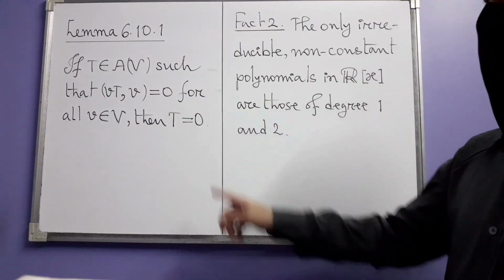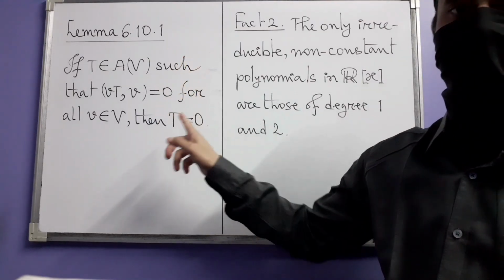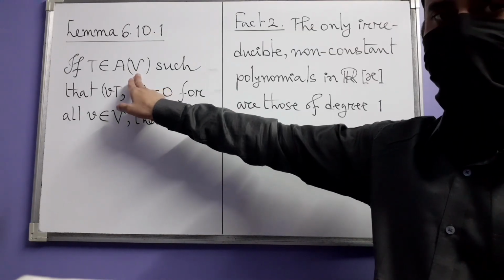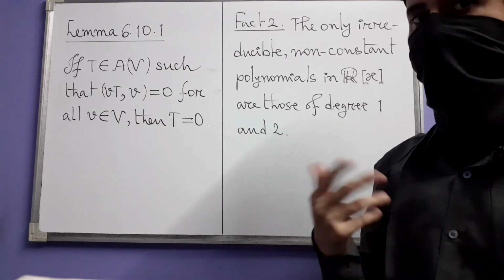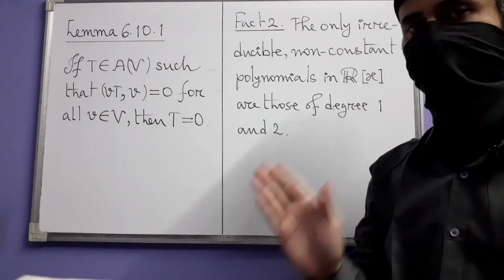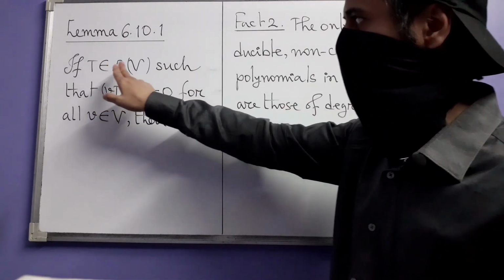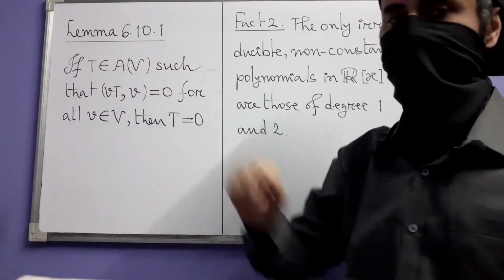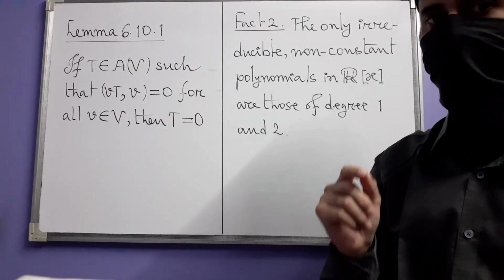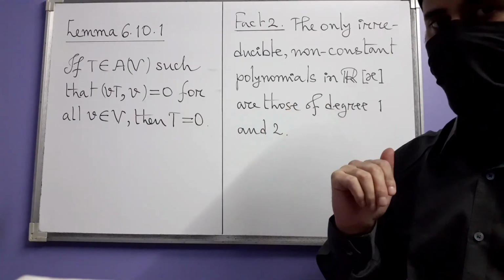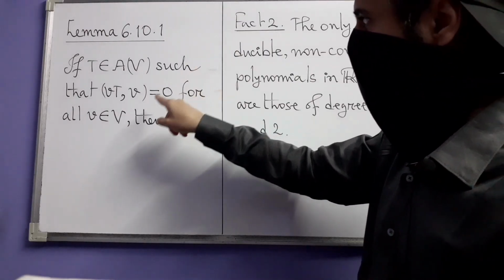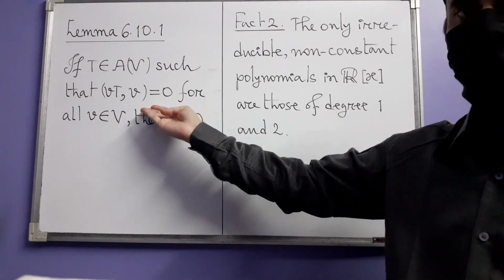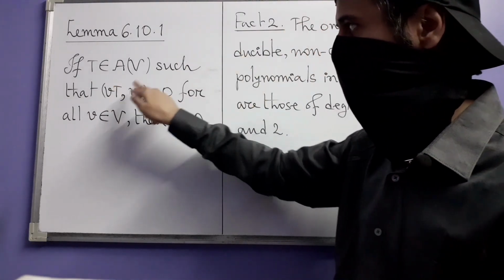And today we are going to see this Lemma 6.10(1). Let V, as I said just now, be a finite dimensional inner product space over the field of complex numbers. So there is an inner product on V, and let T be a linear operator on V. That means T is coming from this operator algebra A(V), which consists of all linear operators from V into itself, such that the inner product of the image of v under T, that is vT, and v is 0 for all vectors v in V. You recall that when we discussed inner product previously, we used this notation.